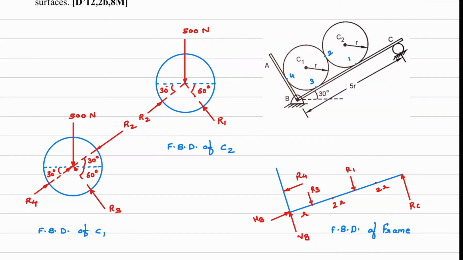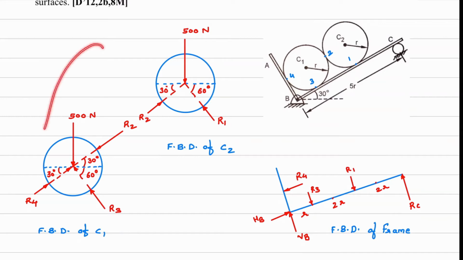Then after that we will see cylinder number 1. Here cylinder number 1 is drawn. In the FBD of cylinder number 1, the upper cylinder is trying to exert some force on the bottom cylinder in this direction. That is why you can see R2 has been shown. These R2 forces are equal in magnitude and opposite in direction.